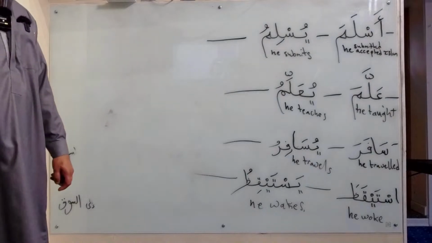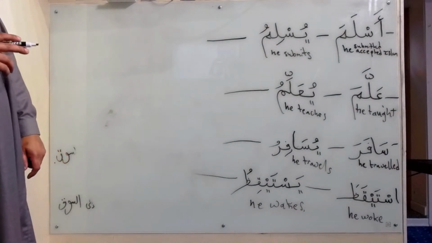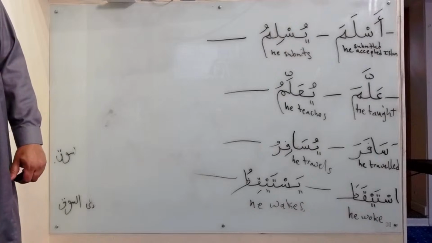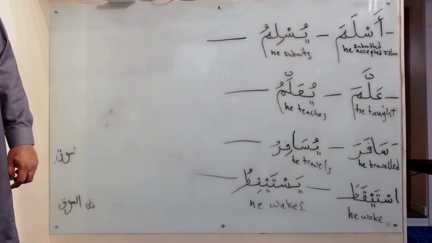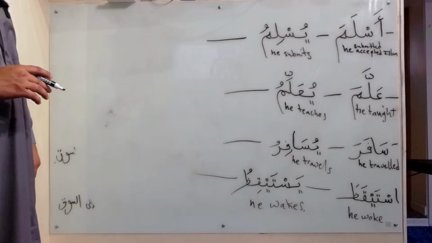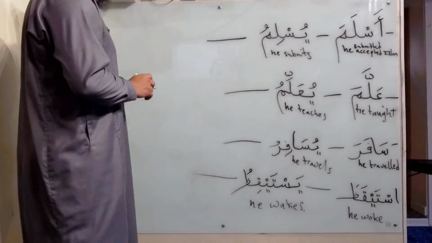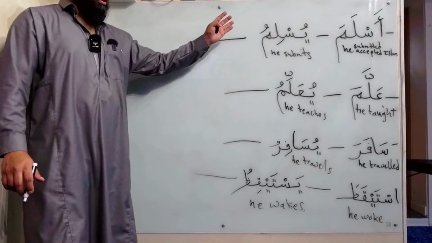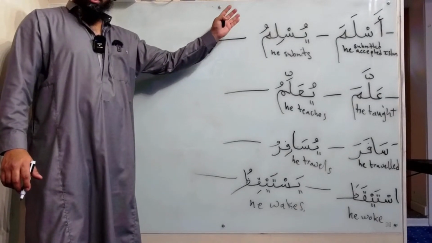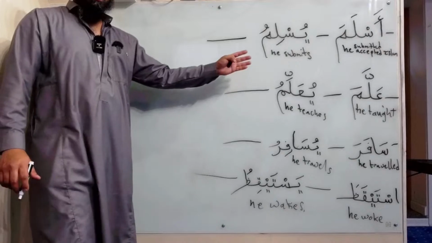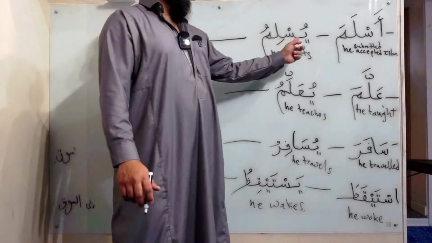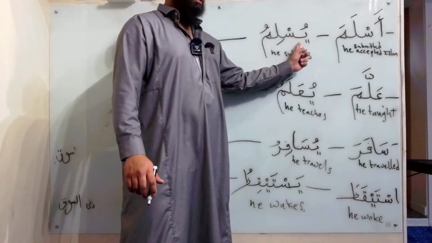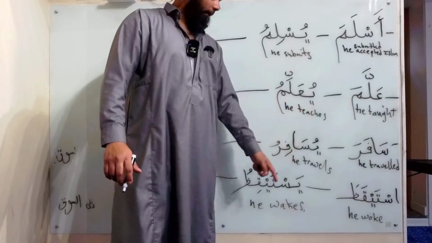Now, to form the doer of any word apart from the three-letter words, the first thing you do is take out the letter that is for the present tense, the ya.